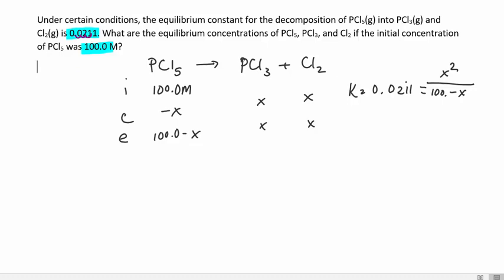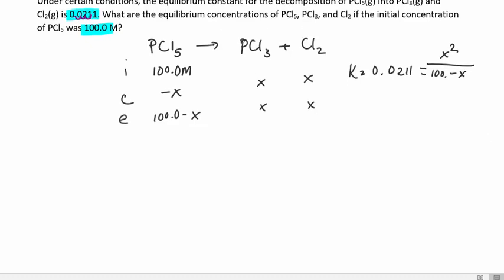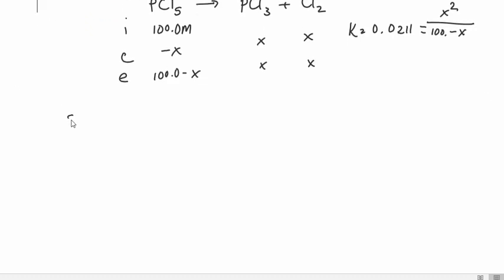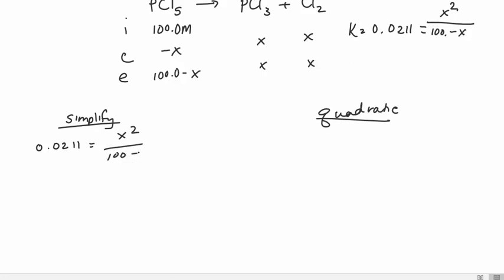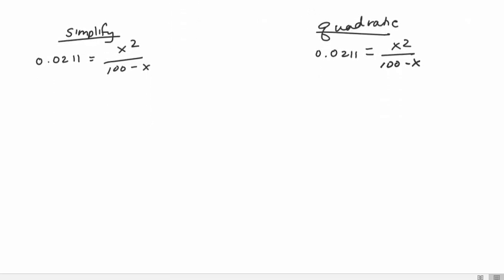So again, I'm going to run the simplification over here, and then I'll run the quadratic over here. In both situations, I have 0.0211 equal to x squared over 100 minus x. I'm just going to simplify that out completely and drop the idea of significant figures for this moment. When I simplify, what I mean is that this x is going to drop off.